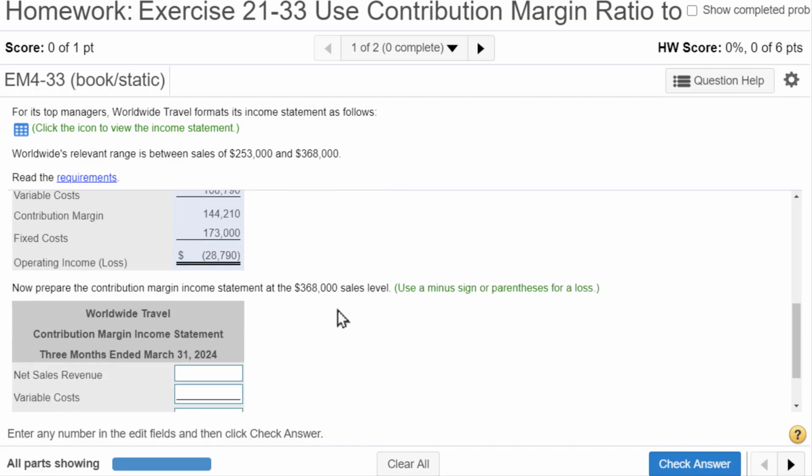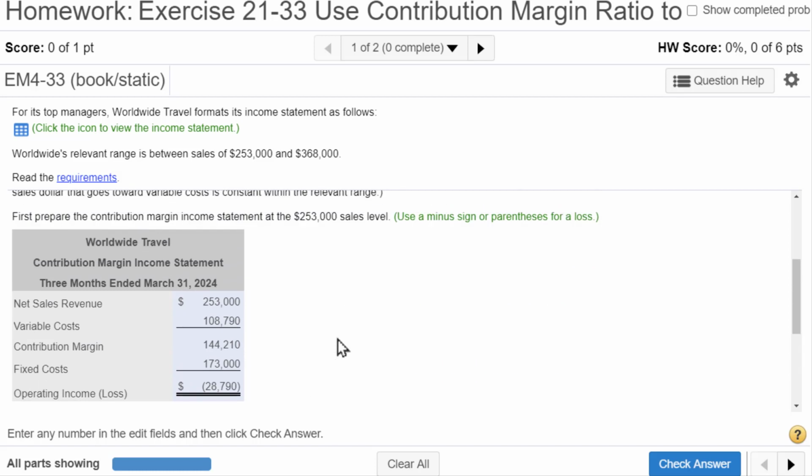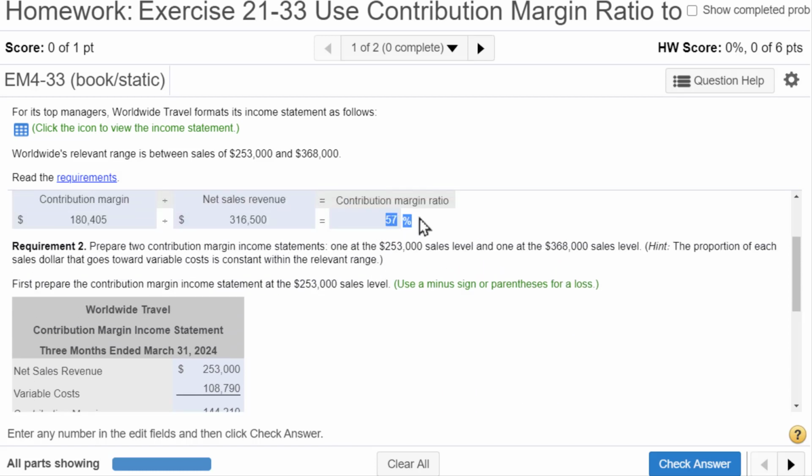All right, so now let's look at a better case scenario. What if sales were 368? So I'm going to put that in, 368,000. Variable costs, we need to go up and find our variable cost ratio, 57%.